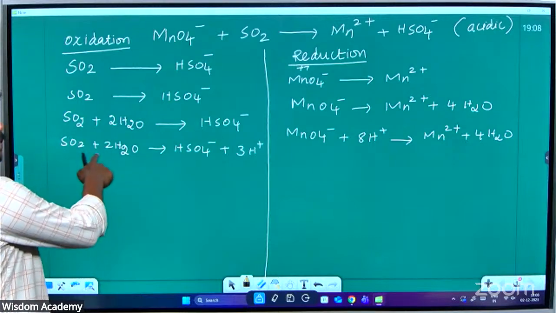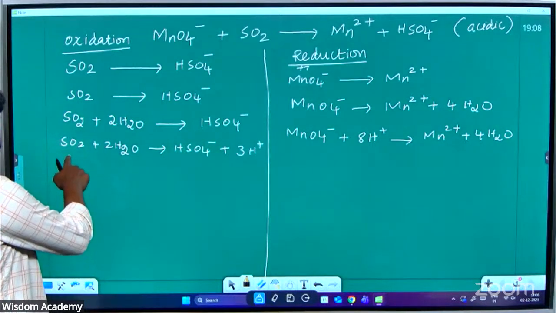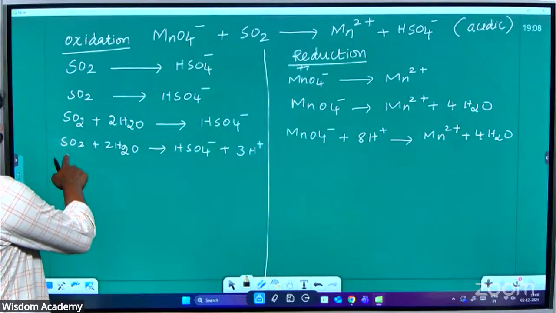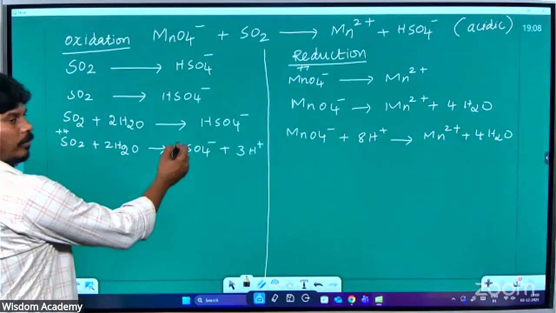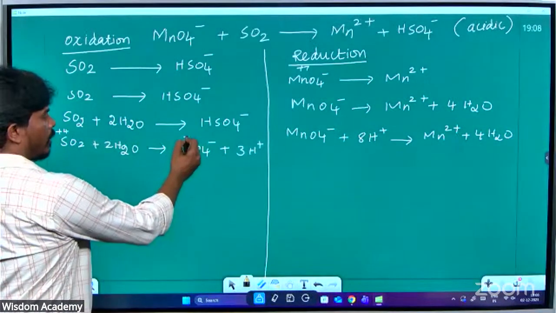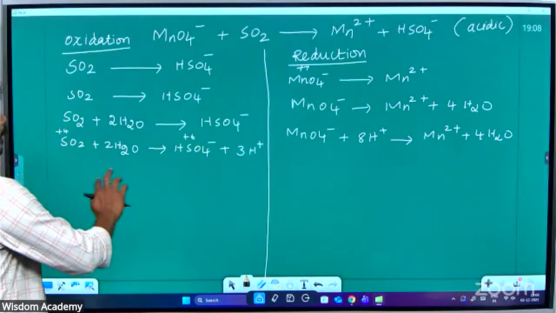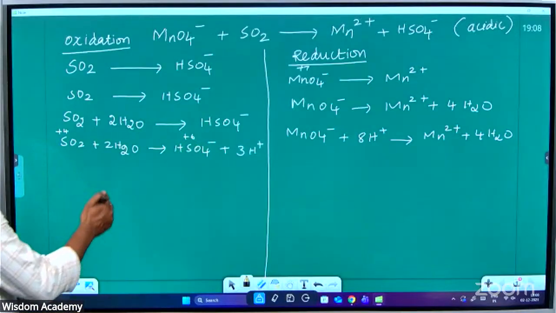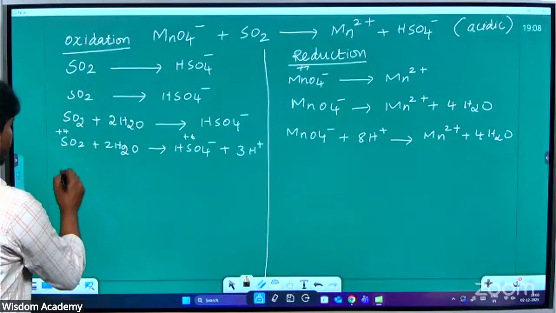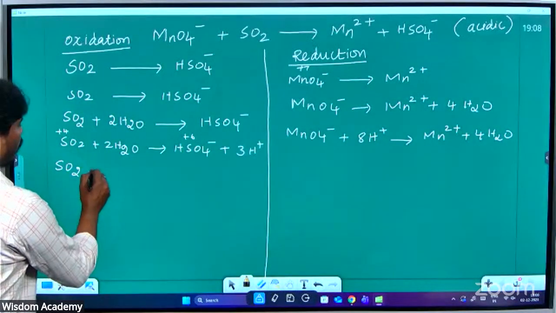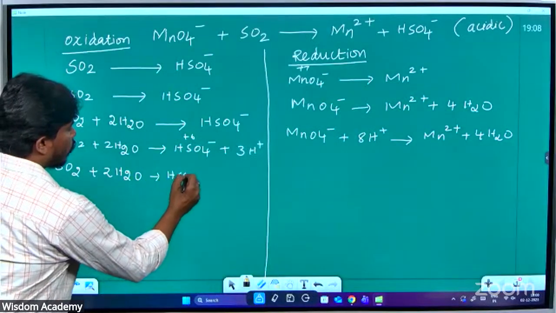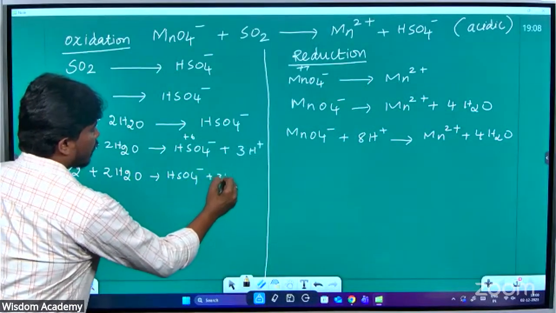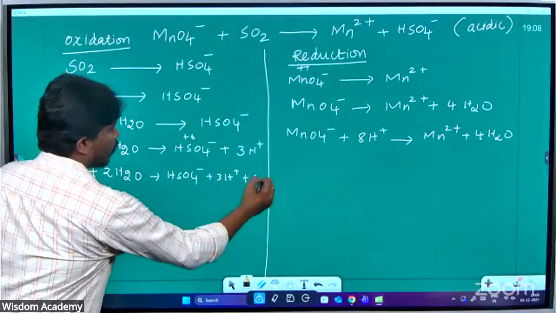What is the electron participated by here? Oxidation number here plus 4, here plus 6. So total number of electron is 2 electron. So it is oxidation. So SO2 plus 2H2O gives HSO4 minus plus 3H plus plus 2 electron.